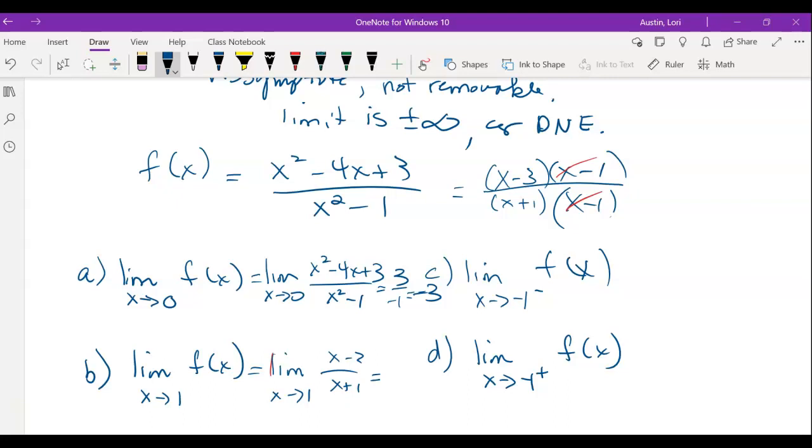Whatever would cause this factor here to be a 0 is a hole because it cancels. And we see it here. It cancels away. What this will tell us is what would be in place of that hole if it wasn't there. Okay, the limit exists. Remember, if you have a hole, your limit still exists. Because from the left and the right, they're both going to approach that hole.